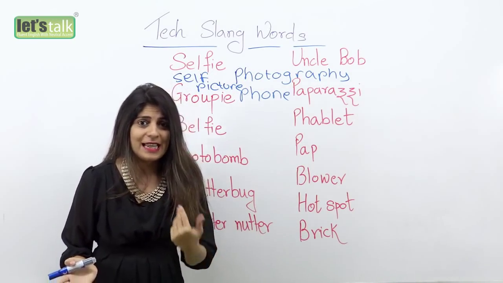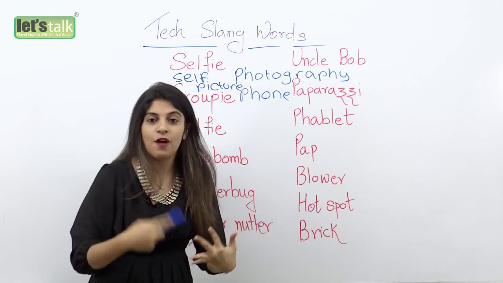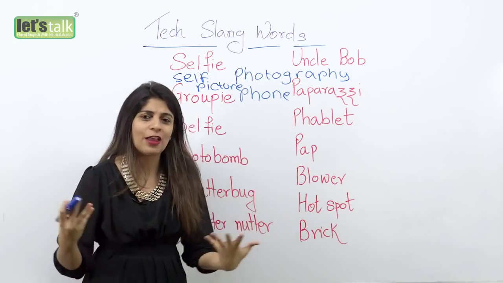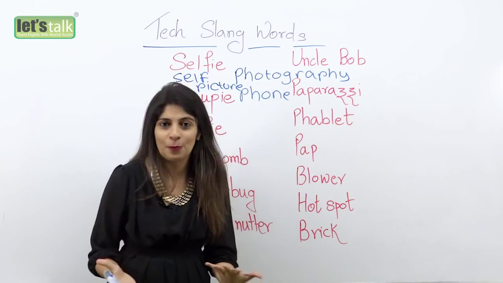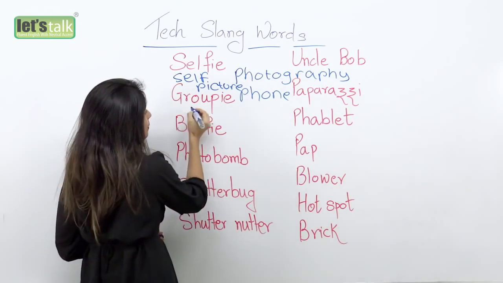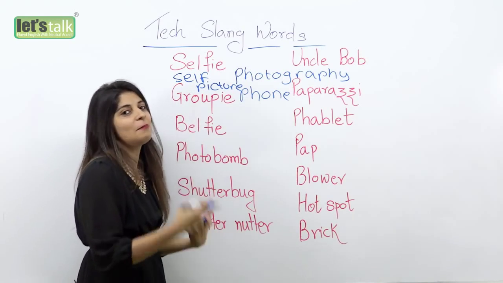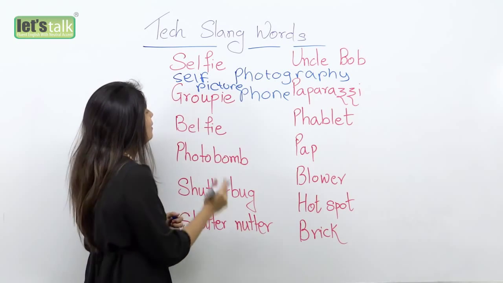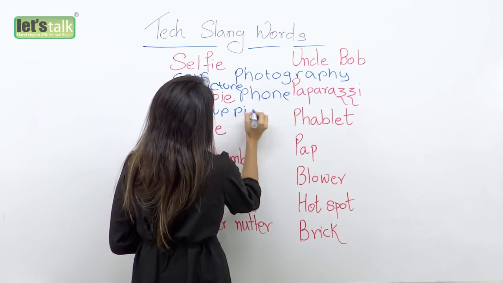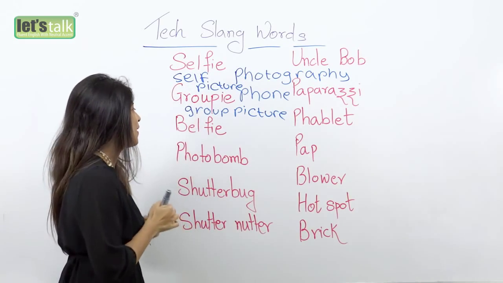Everybody is doing it these days. It's pretty much in at the awards, at any functions, at any parties. There are these groups of friends who get together and they love taking groupies. So that's a groupie, a picture of a lot of members, but again, taken by extending your arm. So it's a group picture.